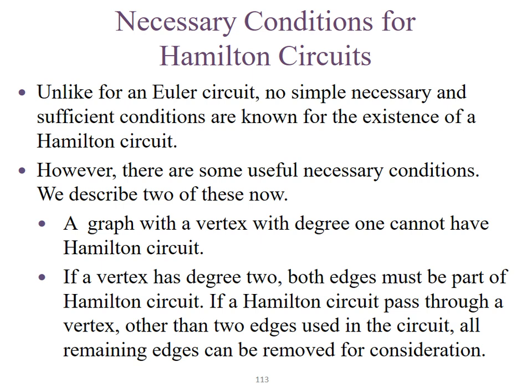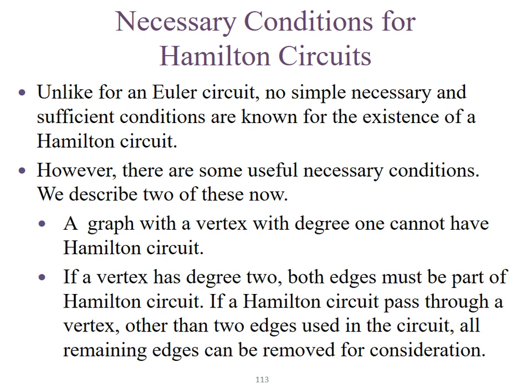Let's see the description. A graph with a vertex of degree 1 cannot have a Hamilton circuit, because when we travel along a Hamilton circuit, each vertex must have at least two edges.